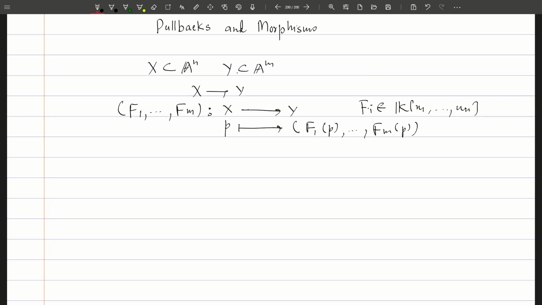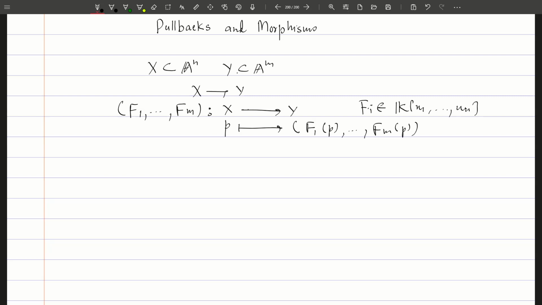So whenever we are given an m-tuple of polynomials in the polynomial ring, the tuple determines a map from X to Y. A bijective polynomial map whose inverse is also a polynomial map is called an isomorphism. This is what we have studied in the previous lectures.